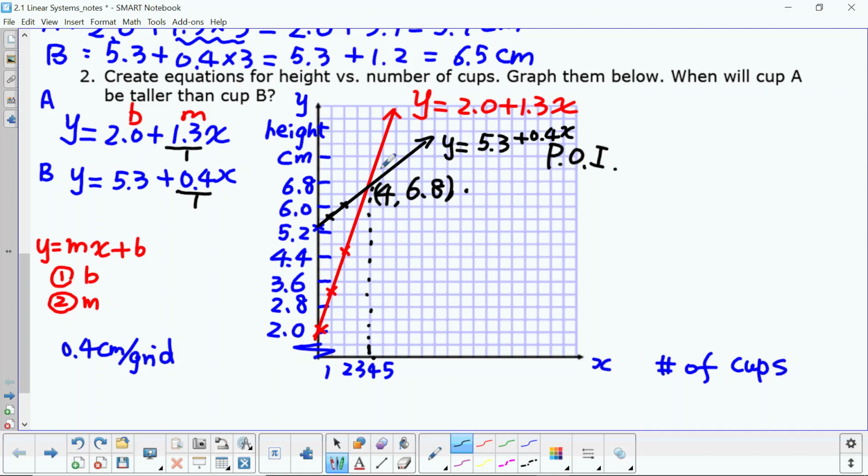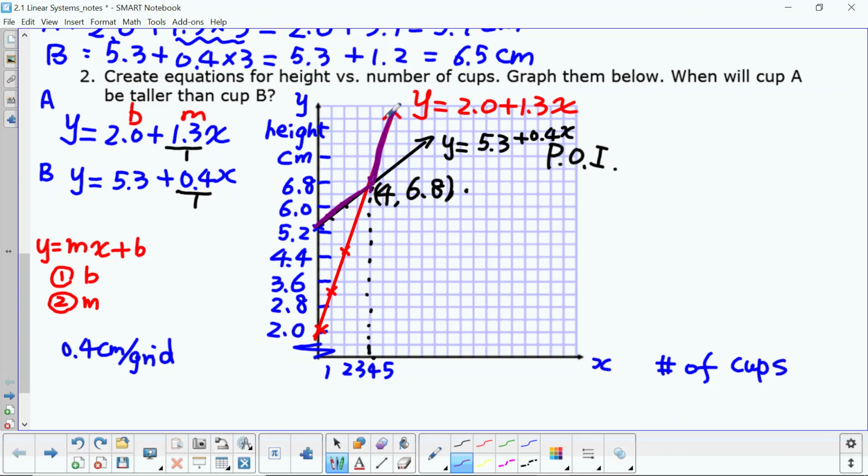So cup B, the height is higher than cup A. But after 4 cups, the height of cup A is higher than the height of cup B. Whichever is above will have the higher height. So before 4 cups, this one is above, so this height is higher. After 4 cups, this one is higher than this one.